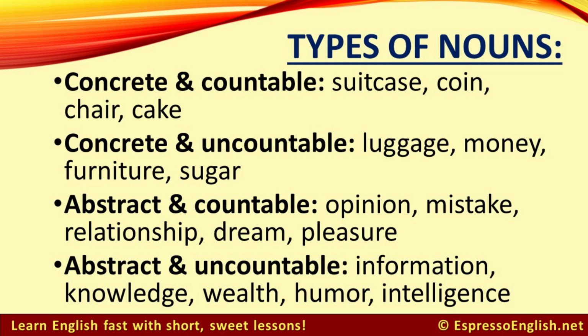And these concrete nouns are uncountable: luggage, money, furniture, and sugar. These abstract nouns are countable: opinion, mistake, relationship, dream, pleasure. And these abstract nouns are uncountable: information, knowledge, wealth, humor, and intelligence.